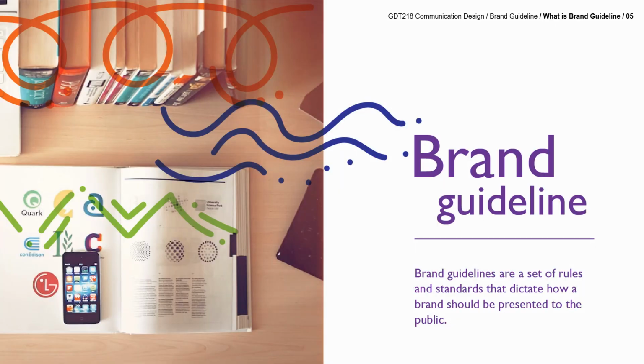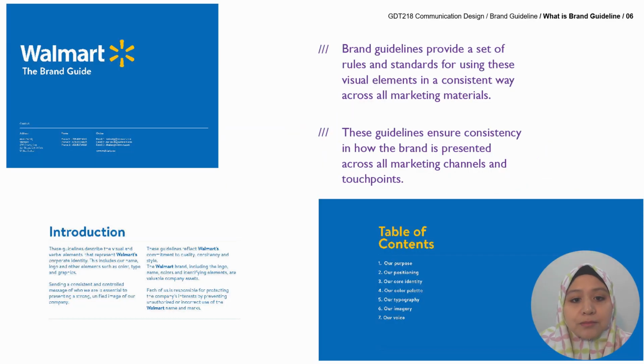What is brand guideline? Brand guidelines are a set of rules and standards that dictate how a brand should be presented to the public. Brand guidelines provide a set of rules and standards for using these visual elements in a consistent way across all marketing material.